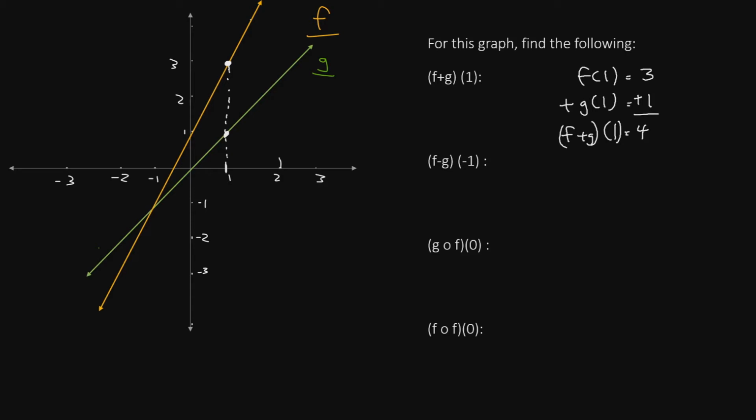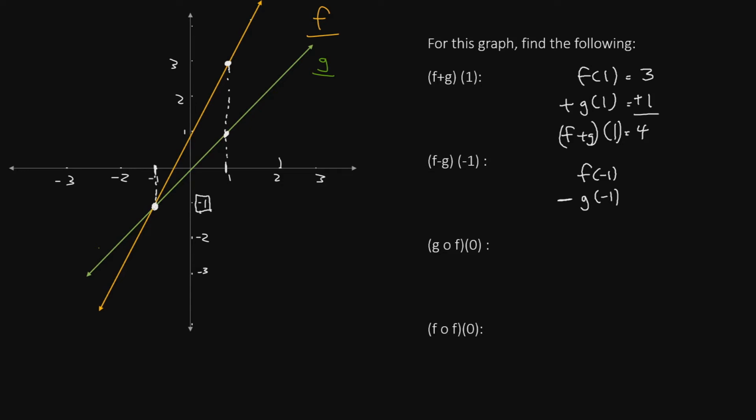We can do the same thing for the next question, f minus g. We are given -1, so let's find f at -1 and g at -1 and subtract them. Let's go to where x equals -1 here and draw a dotted line downward. We intersect both functions at the same time here at y equals -1.